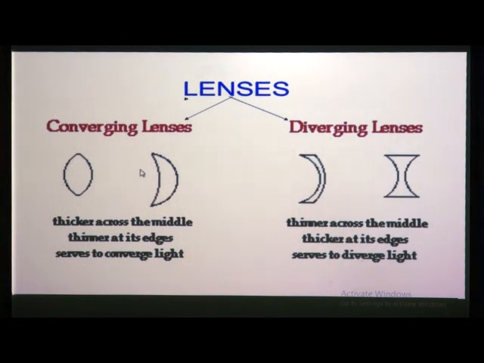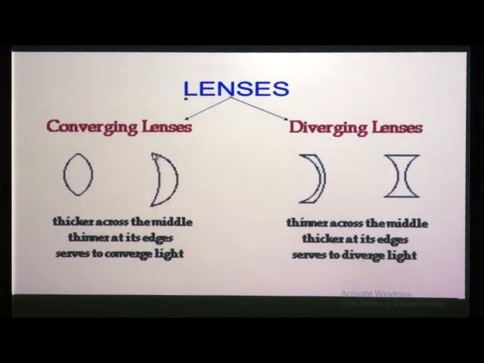These lenses you will find on both sides. Here you can see this is one side and this is another side. So there are two lenses here, and if you use one lens, it will look like this.